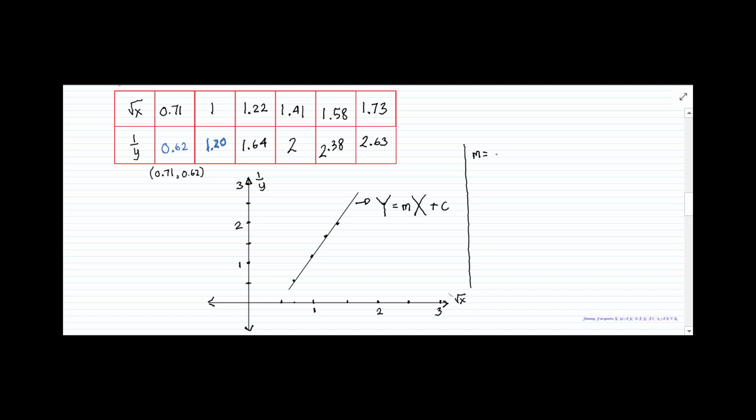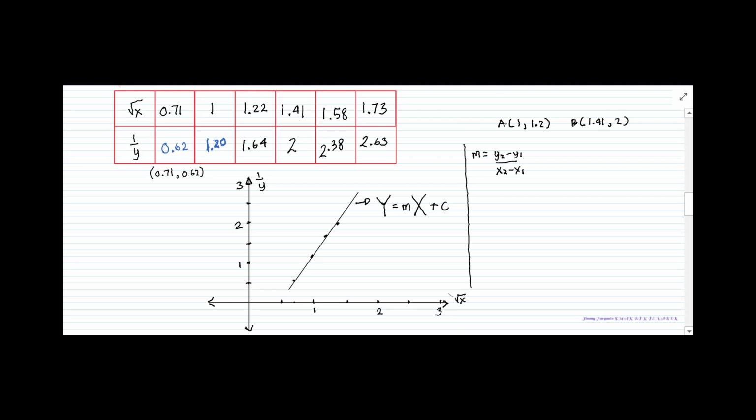But if you don't use millimeter block, let's use this formula: y2 minus y1 over x2 minus x1. Pick 2 points from the table. For example, point A, I will pick 1, 1.2, and for point B, I pick 1.41, 2.